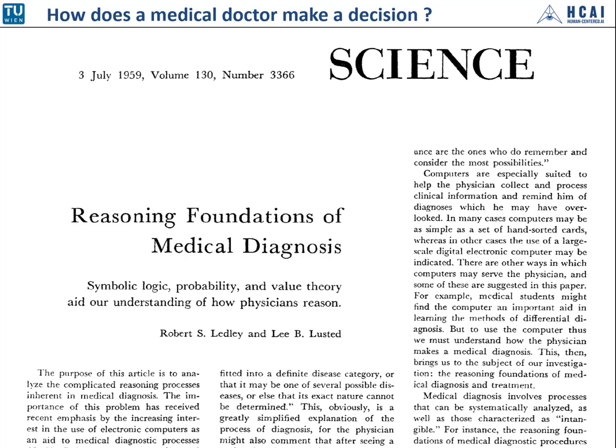And then I exclude systematically one disease after another from the list until it becomes apparent that the case can be fitted into a definite disease category, or that it may be one of several possible diseases, or else that its exact nature cannot be determined. So this is, of course, a greatly simplified explanation of the process of diagnosis.